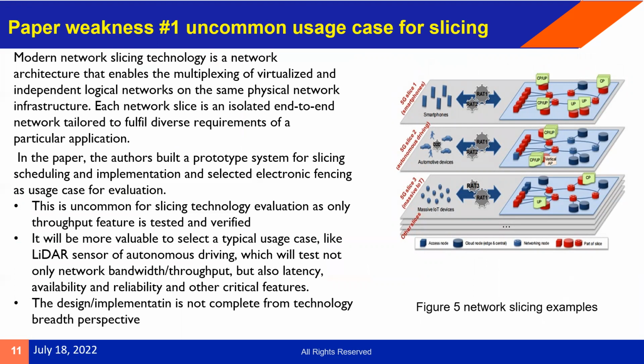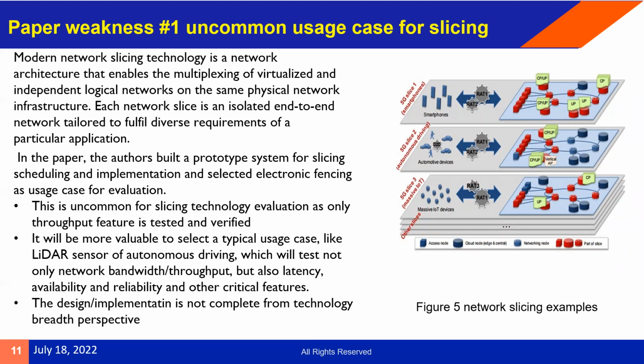the diagram in this page, modern network slicing technology is a network architecture that enables the multiplexing of virtualized and independent logical networks on the same physical network infrastructure.